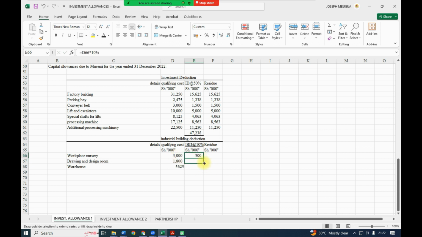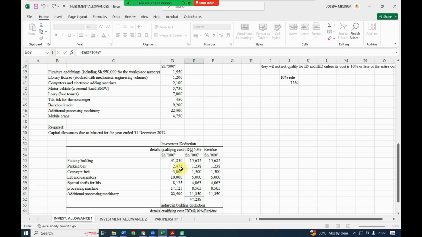I'll drag these two. So here we just get the balance. For this one, we shall take it by 10% and multiply by the duration.